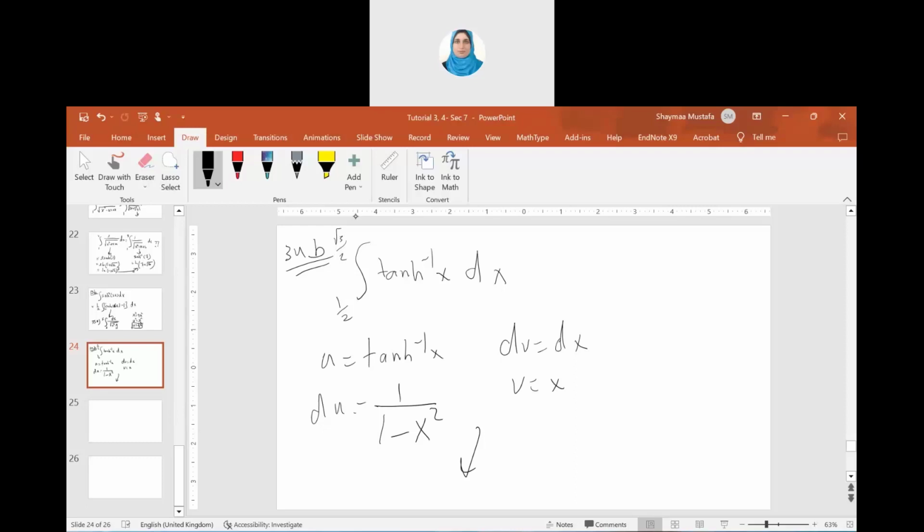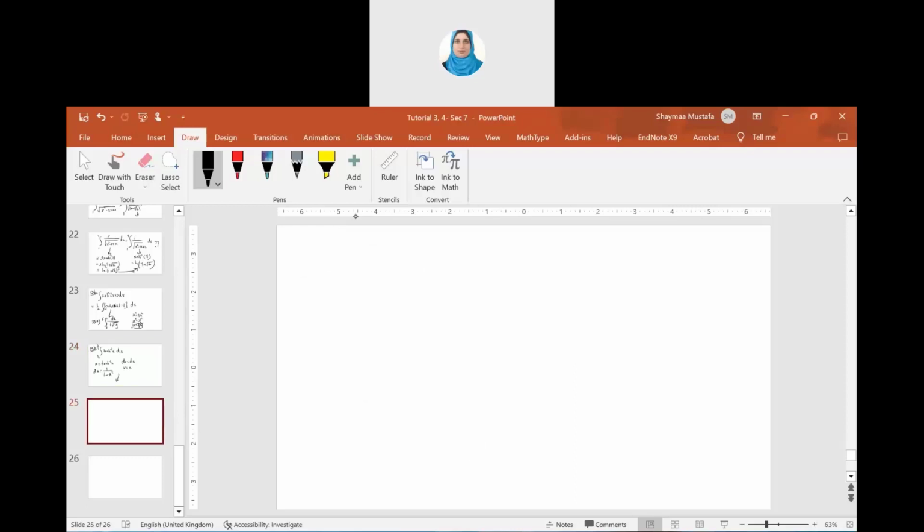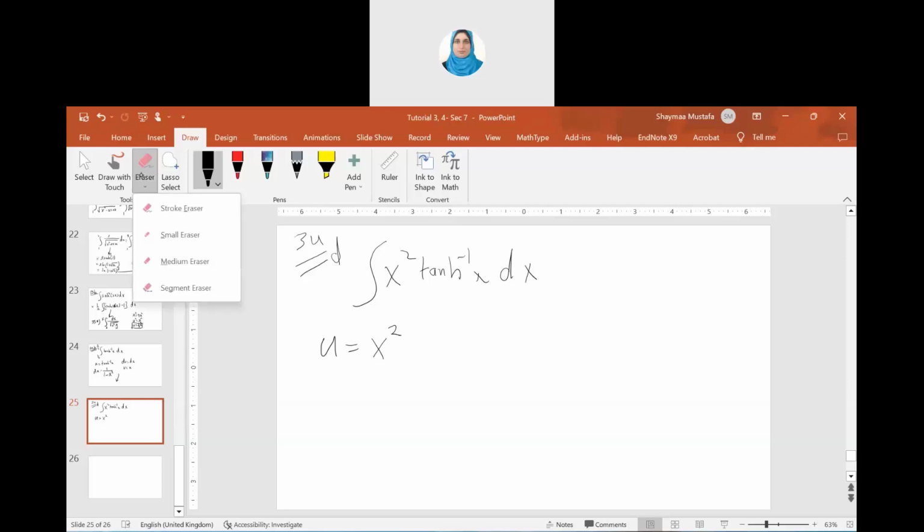For 34d, it is the same, also by parts. The integral of x squared tan inverse x dx, also by parts. Take u equal to tan inverse x, not to x squared.